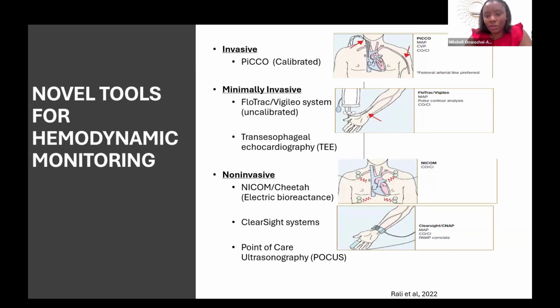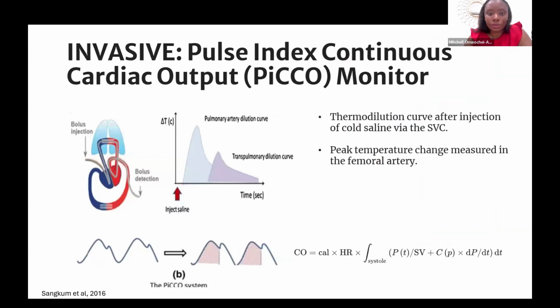I have a decent amount of experience with Vigileo. And there's transesophageal echocardiography, which most will say is minimally invasive. And regarding non-invasive, there's NICOM Cheetah, which uses electrical bioreactance, your ClearSight systems, and there's point-of-care ultrasonography, which is certainly my favorite. So let's talk about PICO.